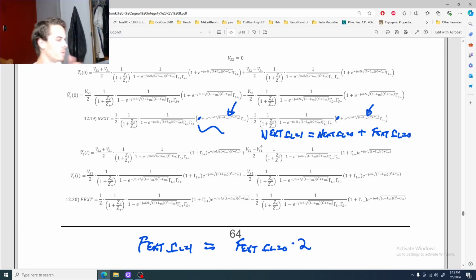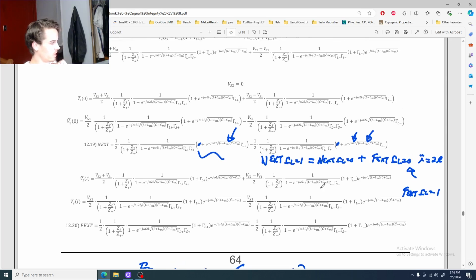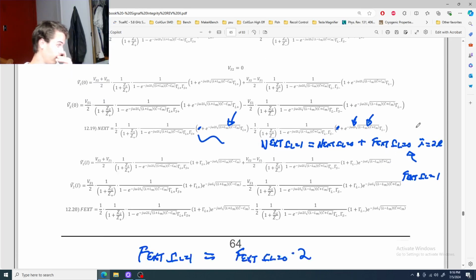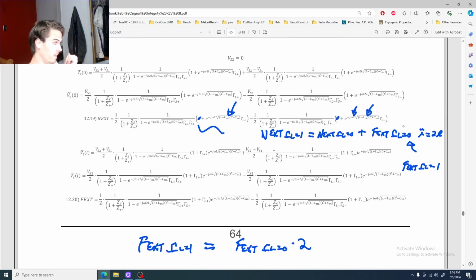However, we have to notice that the length here is multiplied by 2. So the new length is equal to 2 times the old length. If we plug in our simplified equations, we find that this is equal to the far end crosstalk whenever the load reflection coefficient is 1. These are pretty much the simplified equations, and we can find that this guy is this guy plus this guy.